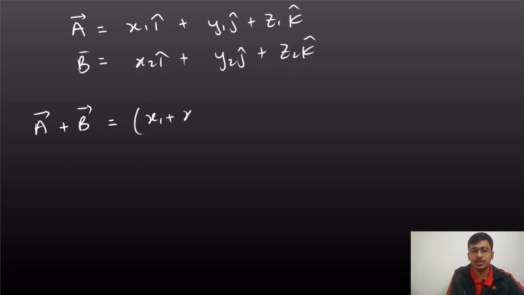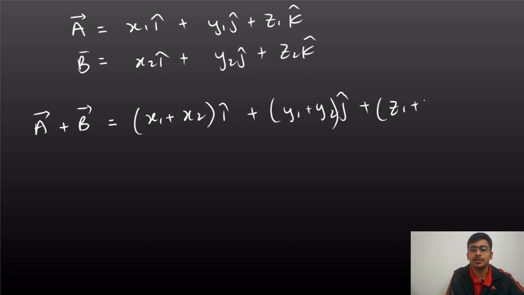So (x1 plus x2) i cap plus (y1 plus y2) j cap and (z1 plus z2) k cap. It's quite straightforward, it's quite easy.